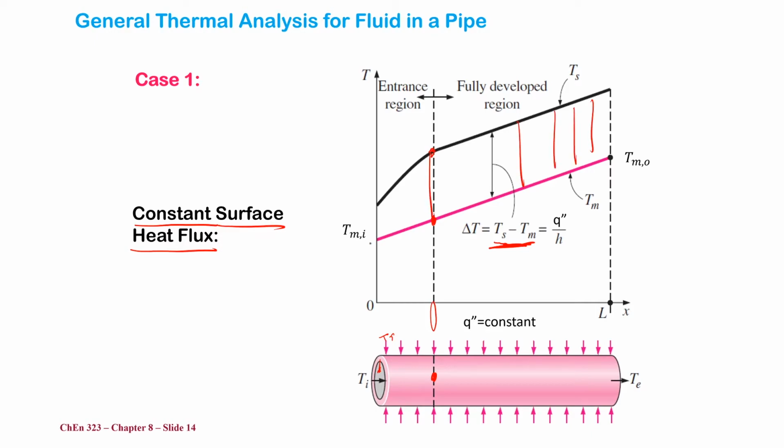So this is one idealized situation: you have constant surface flux. This means you have a constant temperature difference between the fluid and the pipe wall. In this case, if you want to calculate the heat transfer rate, we have h multiplied by delta T. So this is the heat transfer rate per area.